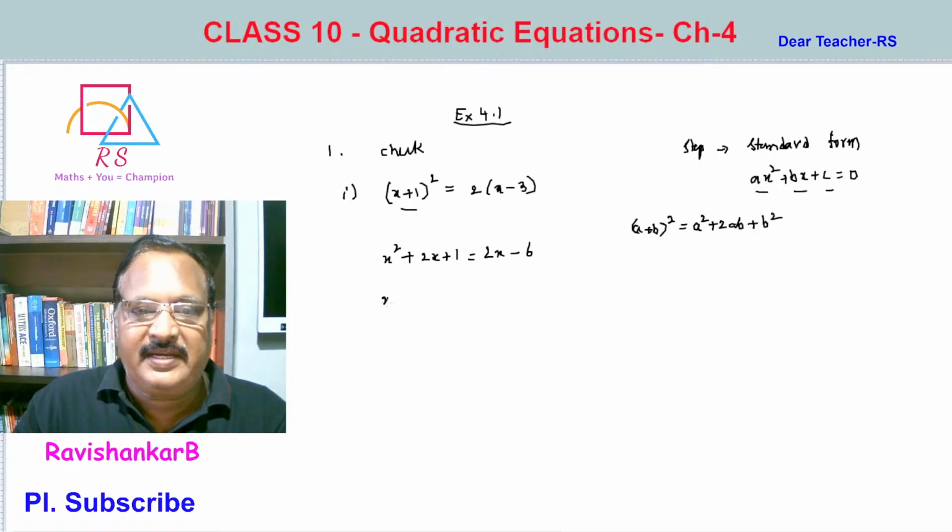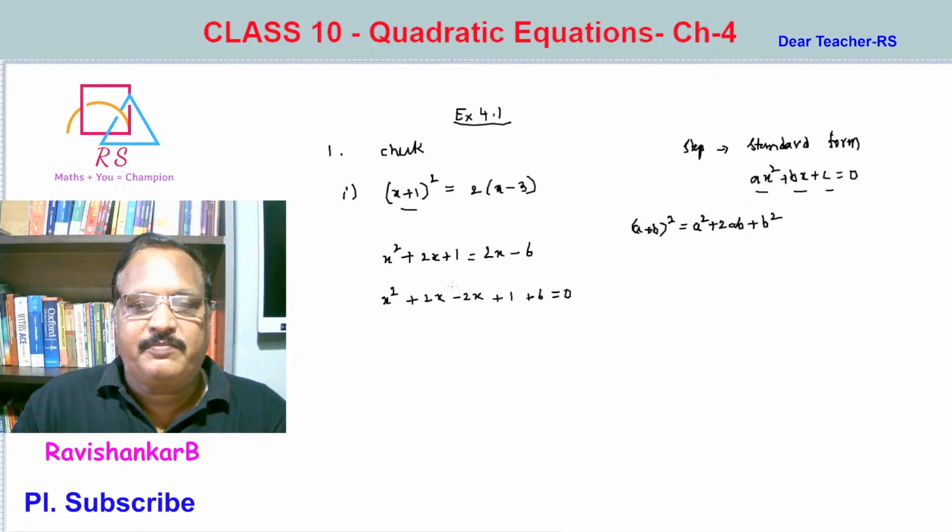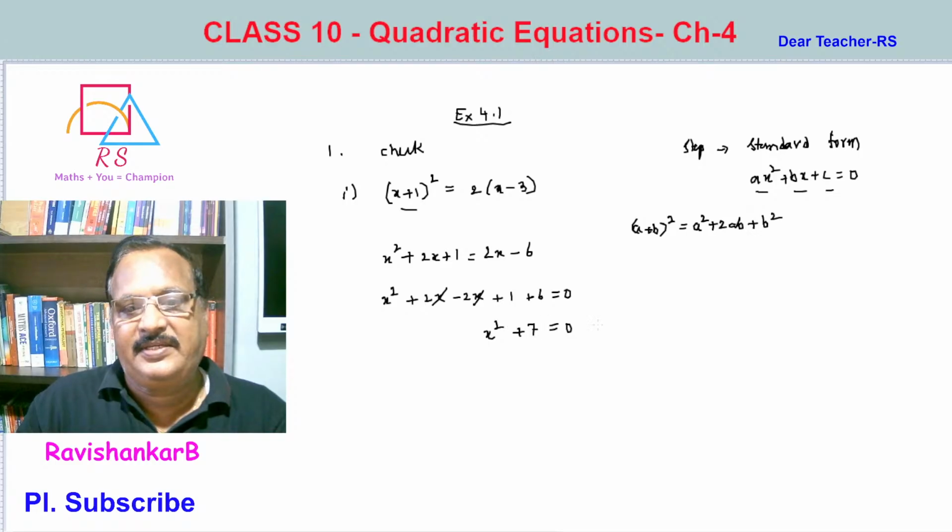The x square term is only 1, and on the x term, left hand side one term is there, right hand side also there is one more term 2x, and the constants, left hand side 1 is there, right hand side minus 6, it will become plus 6 is equal to 0. So then what happens? Plus 2x minus 2x will get cancelled. So finally you will be getting x square plus 7 is equal to 0.